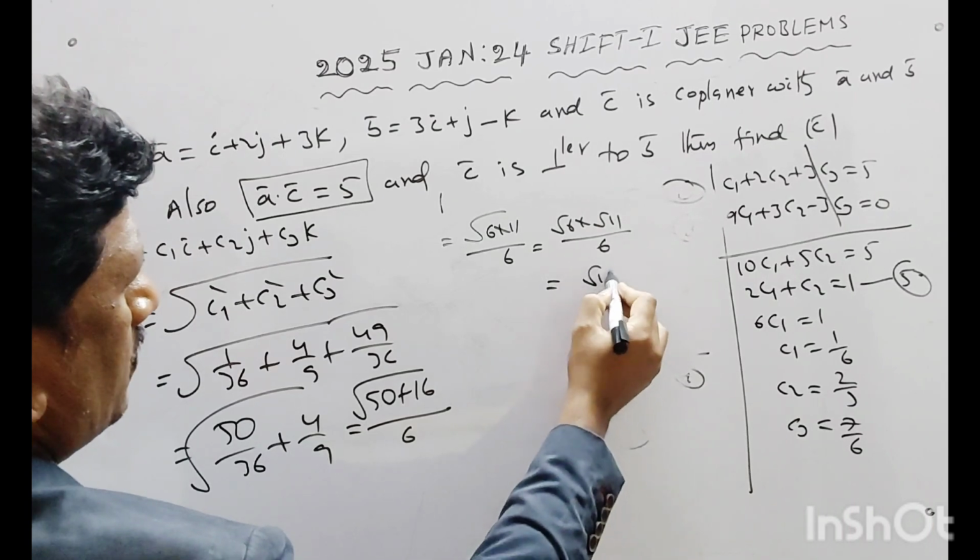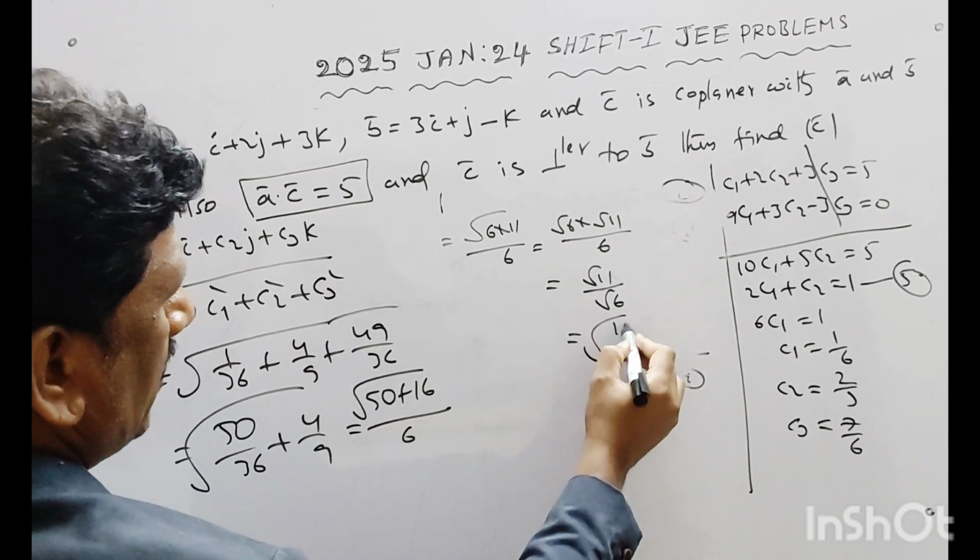The answer is root 11 by root 6, nothing but root of 11 by 6.